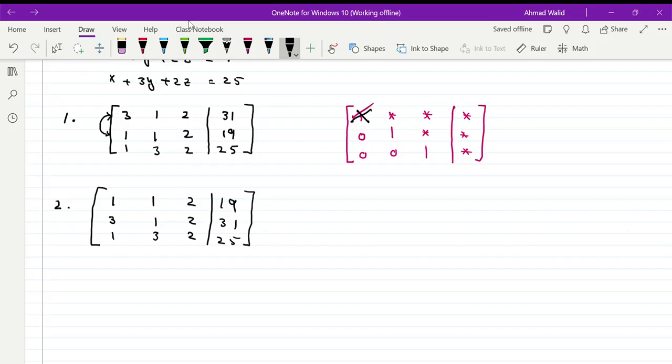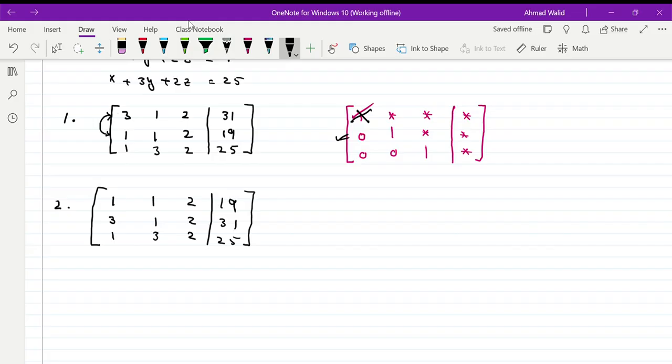I have a 1 here. The next step is to get 0s under the 1, 2 zeros under the 1. It means change 3 to 0 and change the positive 1 to 0, correct?